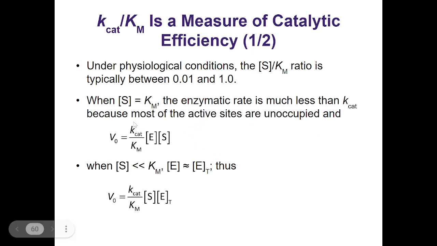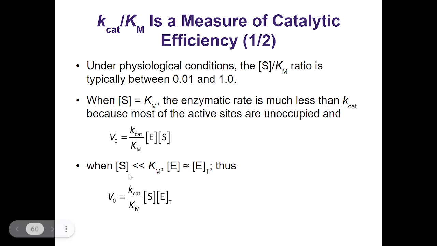In that case, V0 is going to equal Kcat over Km times the enzyme times the substrate. So when the substrate is much, much less than the Km, your E is approximately going to equal your E total. Again, substrate is much, much less than Km. You have very low concentrations of substrate, so the majority of your enzyme is going to be in the unbound form, right?